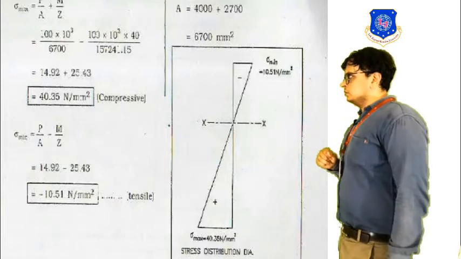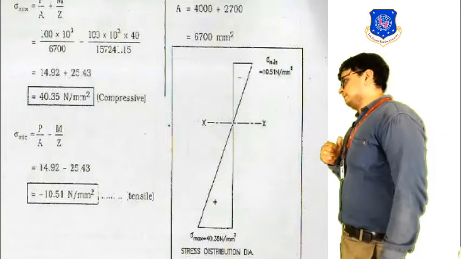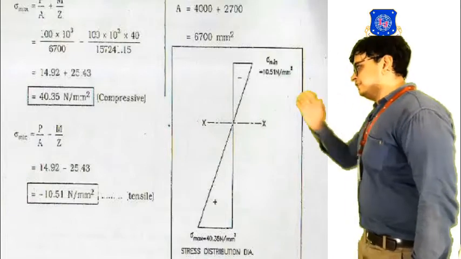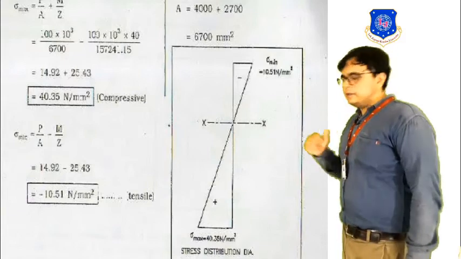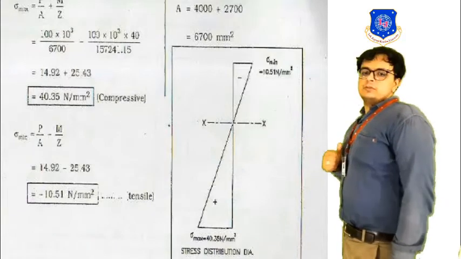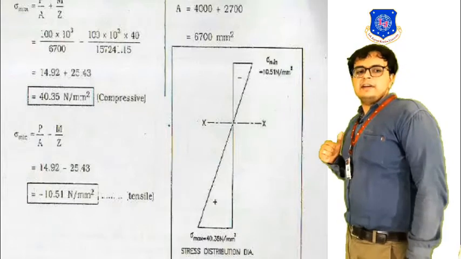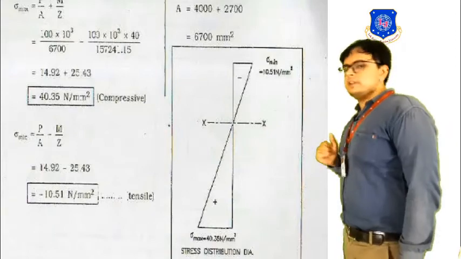Okay, so sigma 0 is equal to P by A. So it is nothing but 100 into 10 raised to 3 divided by 6700. So by this we are getting the value of 14.9. Okay, so this is our direct stress.